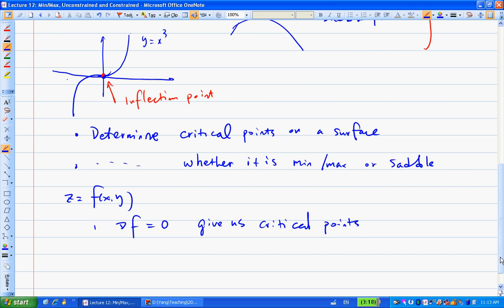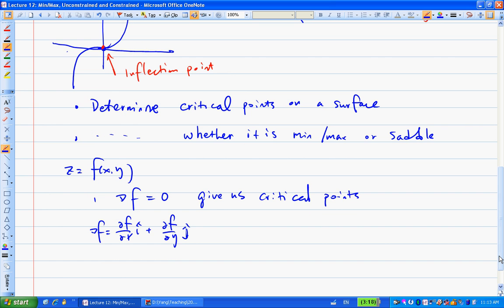Now, the gradient, what is it? It's df/dx i plus df/dy j. That's the gradient. Now, if you recall in the single variable case, how do you determine whether it's a critical point? You take a derivative and you let it equal 0, right?